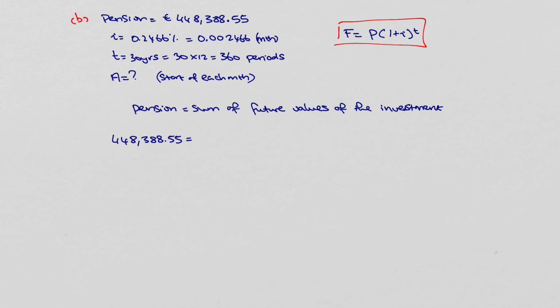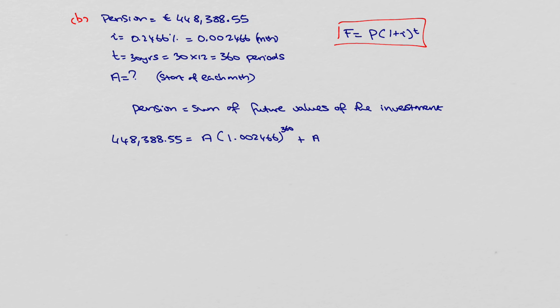So we're going to have €448,388.55 is equal to some amount times 1 plus the interest rate, so that's 1.002466. And that first amount that goes in is going to sit in the account for 30 years monthly. So in other words, for 360 months. So it goes in on the start of the month and it's earning interest for those 360 months.